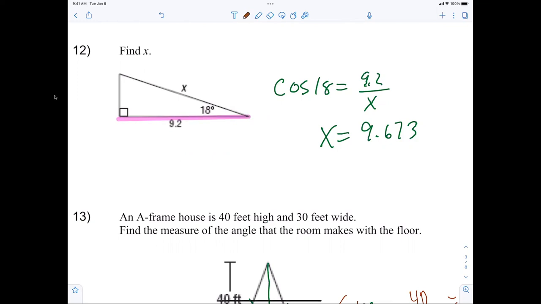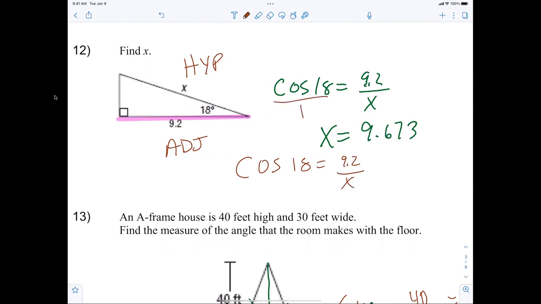Opposite, adjacent, hypotenuse. And the x is the, so what trig? Cosine, 18, adjacent over hypotenuse. Come on now, if you're not understanding hypotenuse, adjacent, opposite, I wish you would speak up.